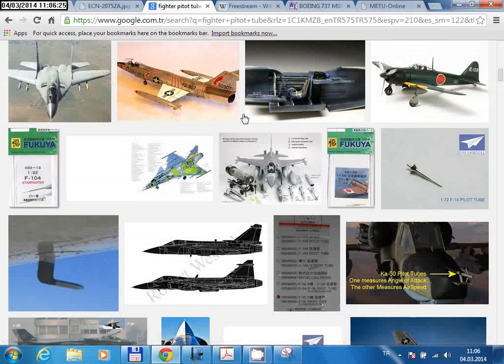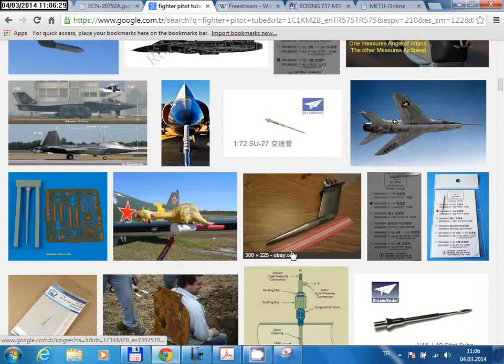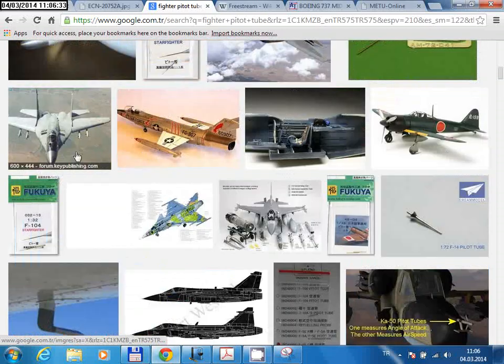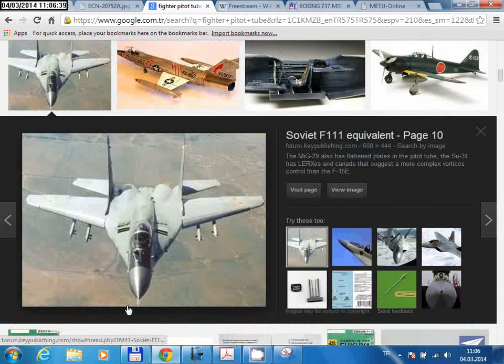Or for fighter aircraft, they put the probe at the nose, like this one, for example, or there's one here. It's hard to see. So these are the places typically used for aircraft.